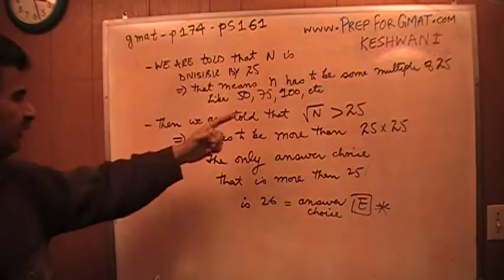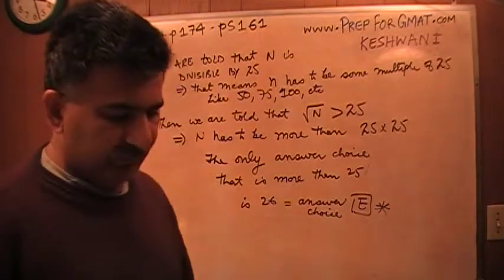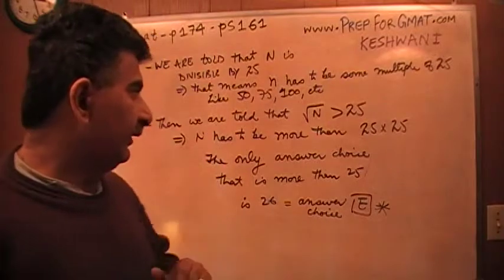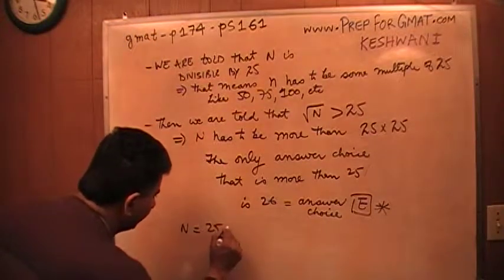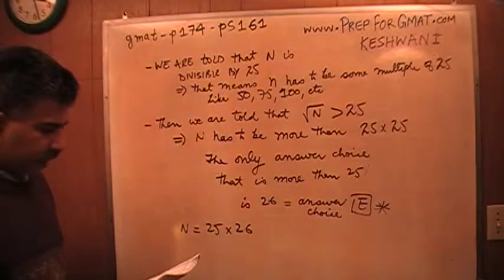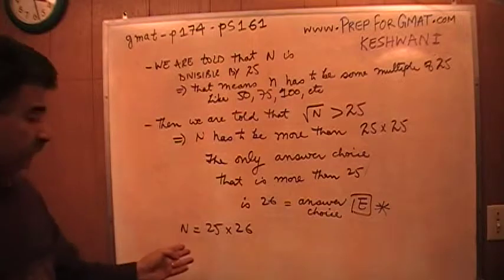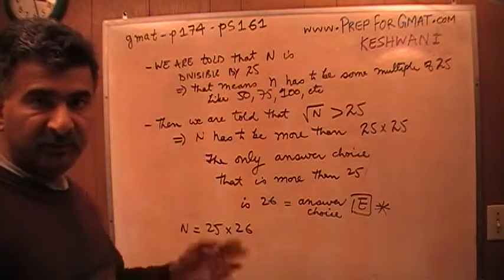If n has to be more than 25 times 25, then since they are integers, since they are multiples, the next one will be 25 times 26. So if n is 25 times 26, it could be anything. n could be 25 times 27 times 28, n could be 25 times 3,037,000,037.